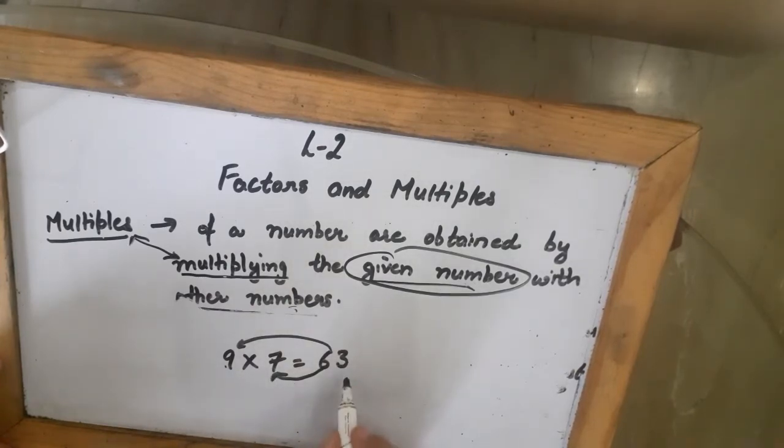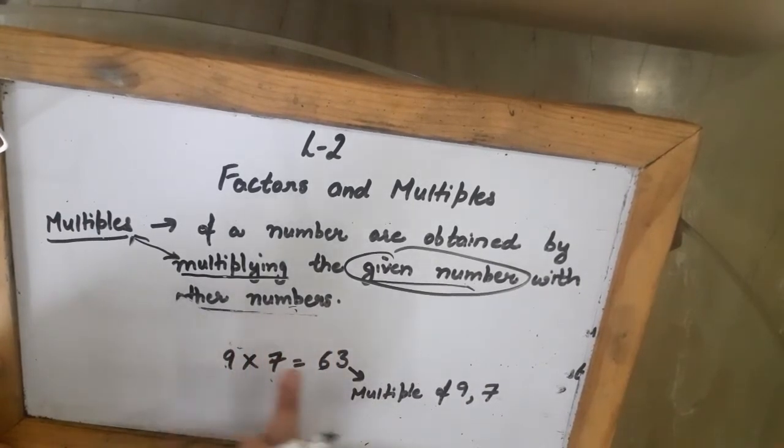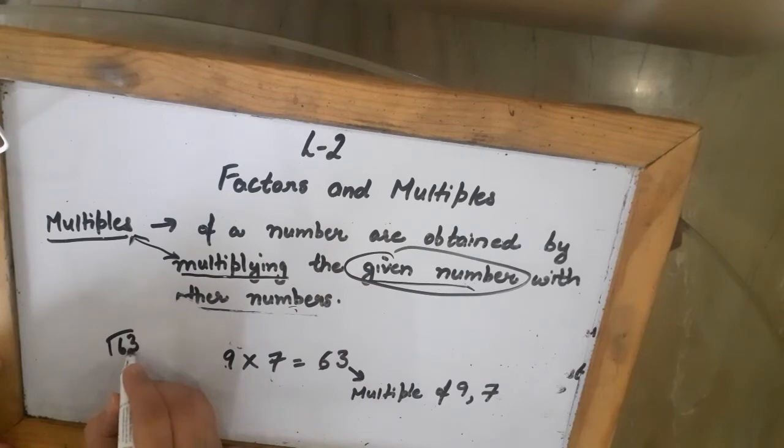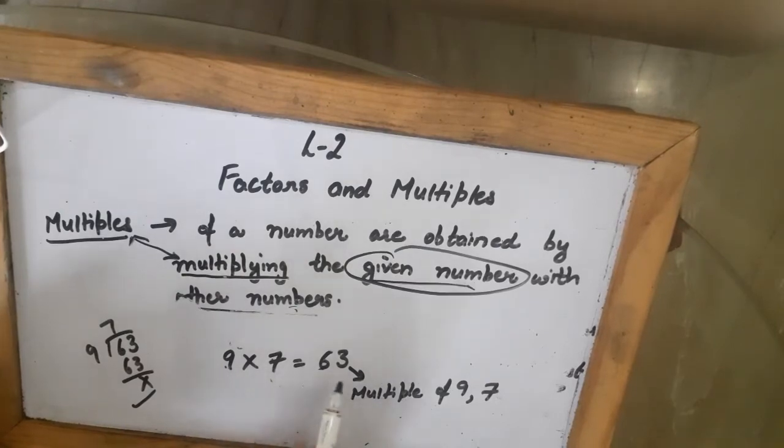So this 63 is a multiple of 9 and 7, because 9 and 7 both divide 63 exactly.